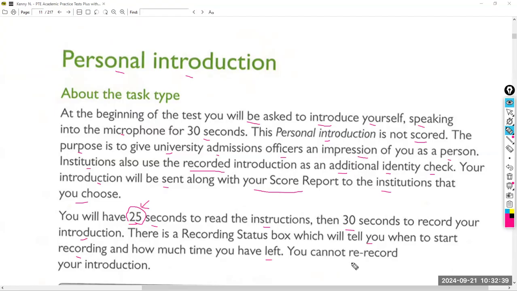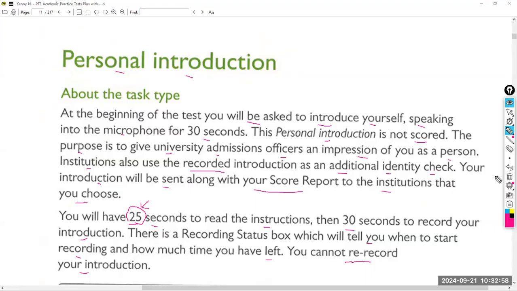You cannot re-record your introduction, so please be careful, okay? You have to be totally ready and prepare yourself correctly before recording because there is no second time to record yourself again.